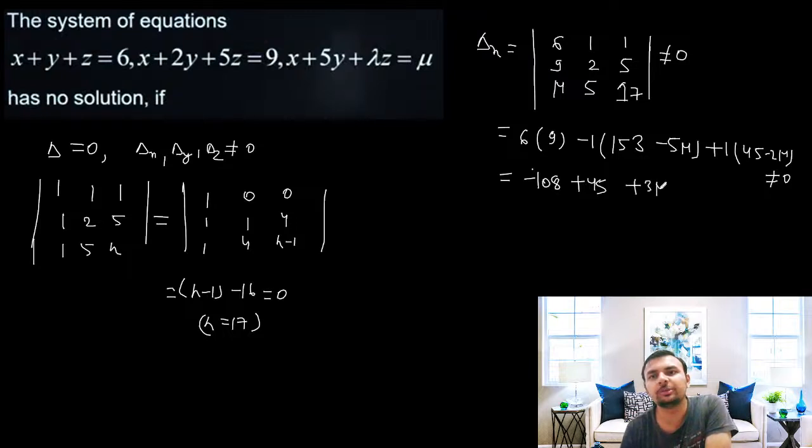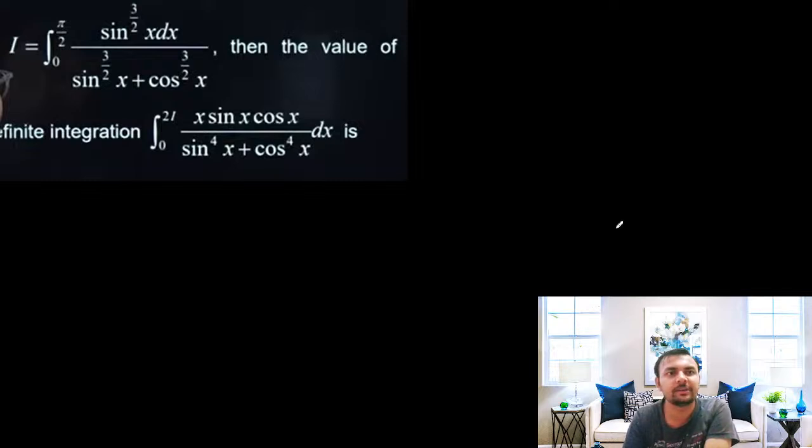This is 3 mu, so this is 63. So mu should not be 21. This is one of the options. If it meets, it is okay. Otherwise, we will move with delta y, delta z. I think it will meet up. Okay, it will meet.